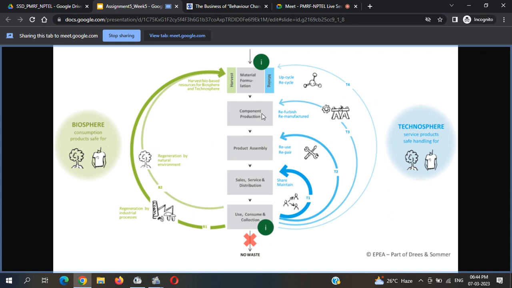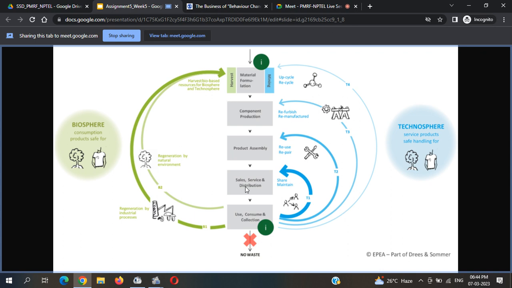So in that way, in refurbishing or remanufacturing, the loop can be completed. Or the product can go for recycling or upcycling, and it can be broken down into its material components or the raw materials, and then the raw materials can further be used to create a totally new product.